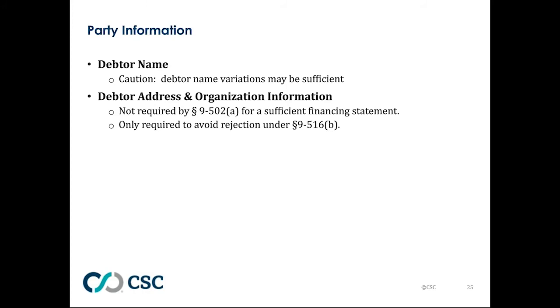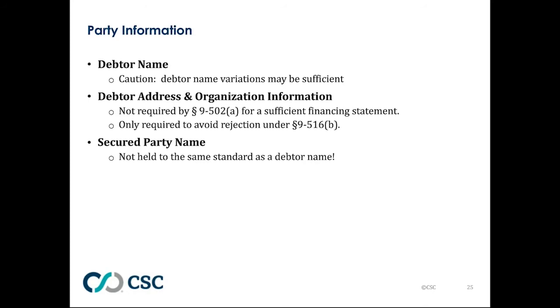The secured party name. It's important to understand that the secured party name is not held to the same standard as a debtor name. And that's because the secured party name is not used for retrieval of the record. So just about anything goes. It can have typos. It can be a DBA, which doesn't work for a debtor name. It can indicate capacity or contain descriptive information.